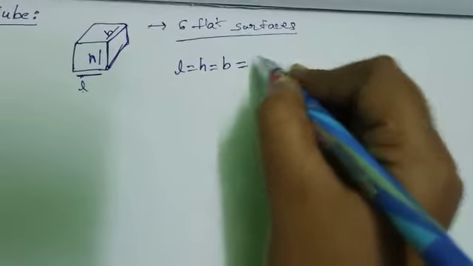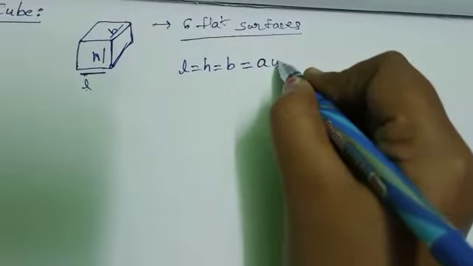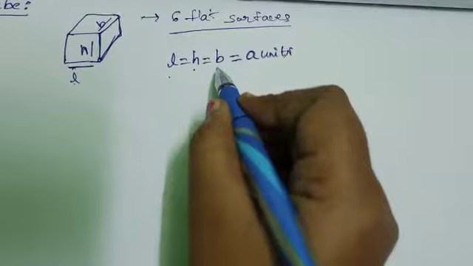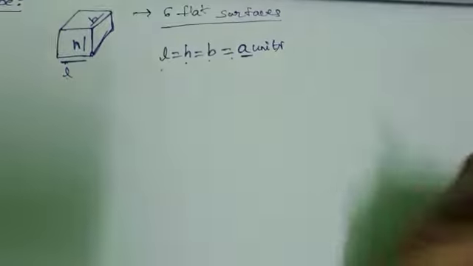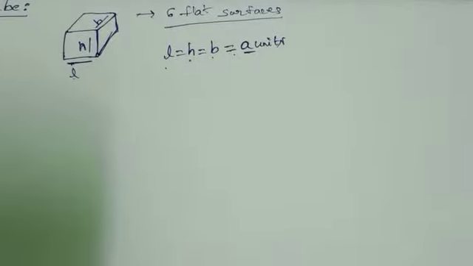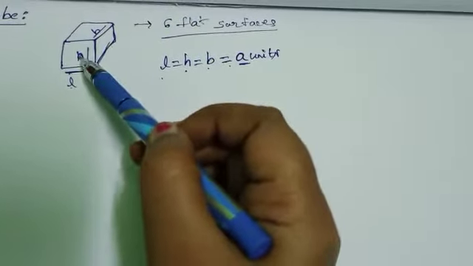Let it be some A units. Here length, height, breadth equal to A units. In cube, there is no curved path.